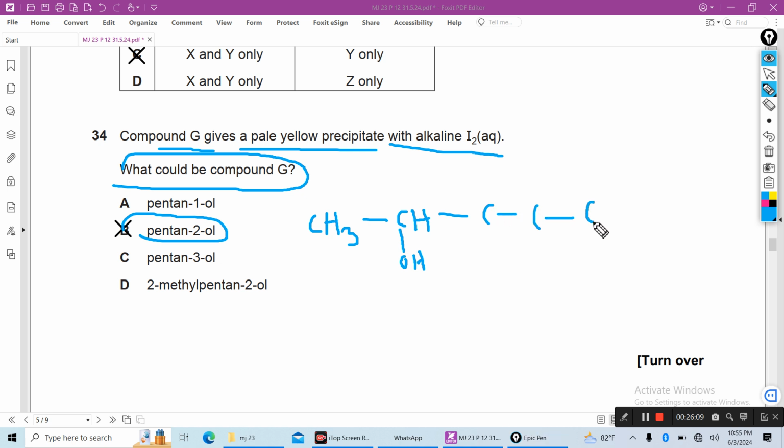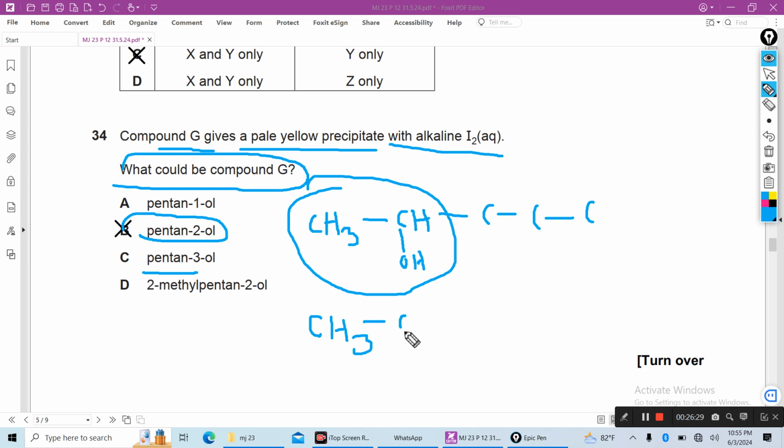The compound which has the secondary alcohol group CH3CHOH will give the iodoform test. Pentan-3-ol will not give this test. Pentan-3-ol has no CH3 attached to the CHOH group.